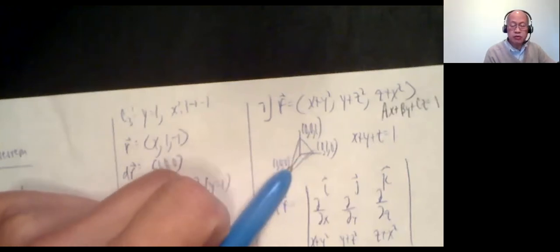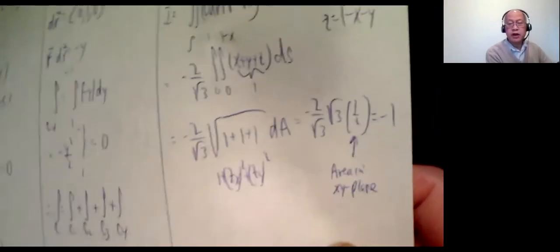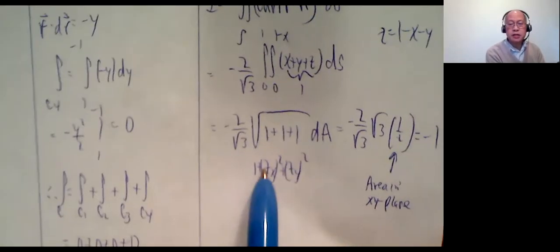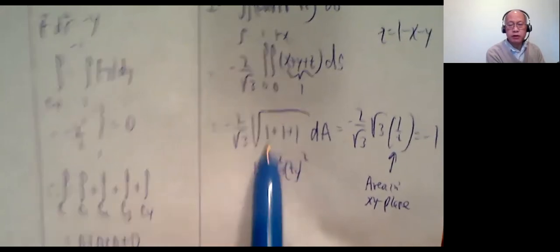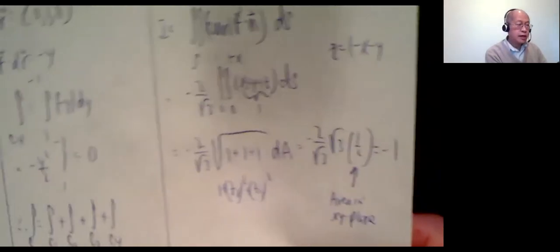The area right down here in the xy plane is 1/2, 1/2 base times height, 1/2 times 1 times 1 is 1/2. So the final answer is negative 1. This is 1 plus z sub x squared plus z sub y squared right over here. So that's everything there.